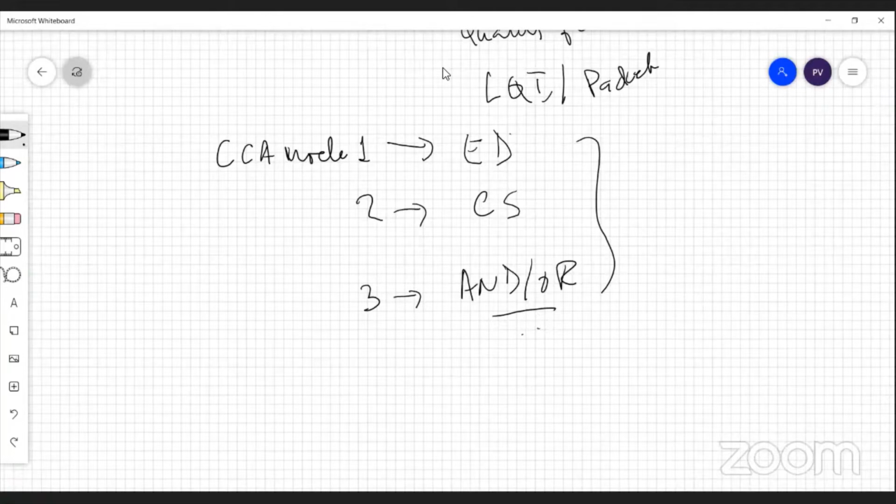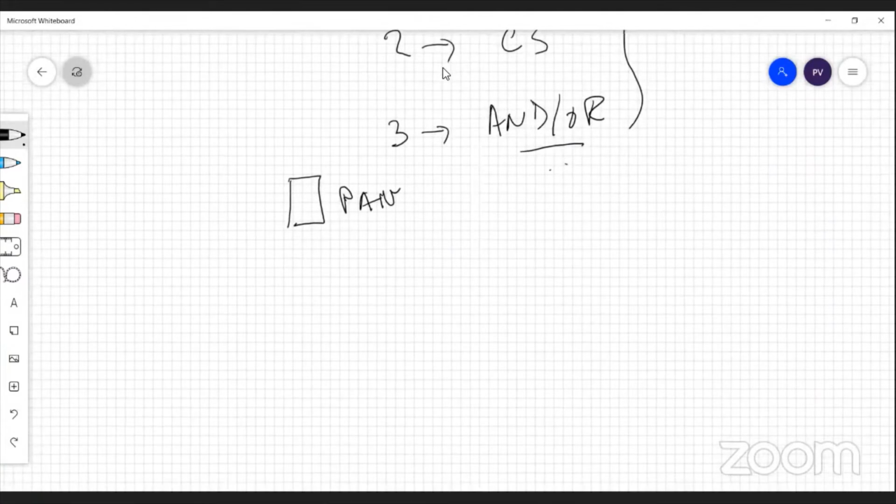Then, of course, there is a packet format for MAC, and the MAC layer provides you a certain set of interfaces, and you must follow those interfaces and the MAC protocol frame format. As I said, there are two ways of doing it using 15.4. One way starts with the PAN coordinator, the personal area network coordinator, and then there are nodes all over.